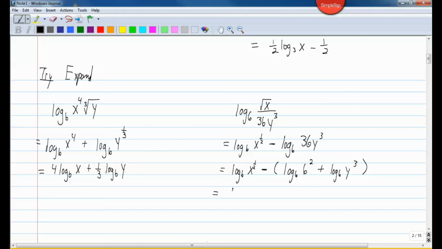Alright, so that's log base 6 of x to the 1/2, and then minus log base 6 of 6 squared is just 2, right? And then this minus here has to go with that too. It's minus log base 6 of y to the 3rd. Now the last rule I would apply is the power rule. So this is 1/2 log base 6 of x minus 2 minus 3 times log base 6 of y.